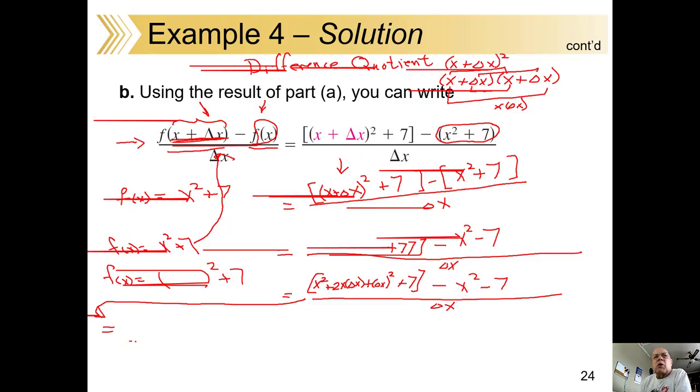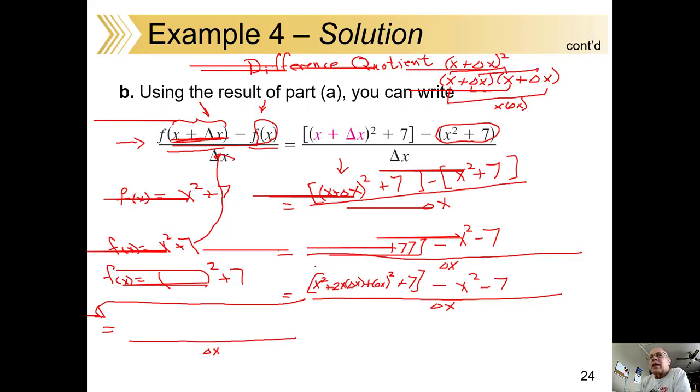So my difference quotient, what's on the bottom? I've still got delta x. Nice and simple. Now let's take a look at the top. Here's where it would be handy to have a different color, but this thing doesn't want me to change colors.